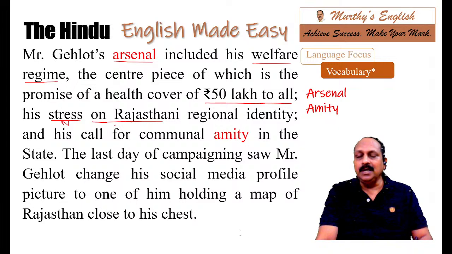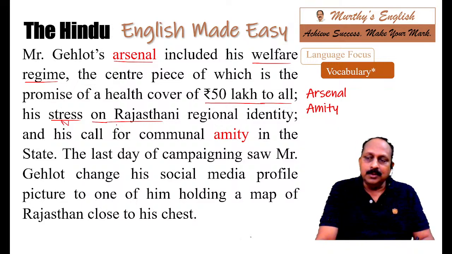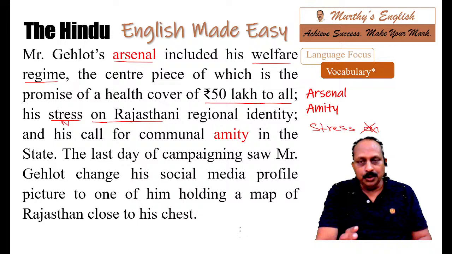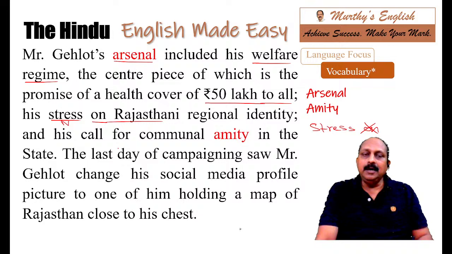That's why I tell students, learn rules, learn exceptions, and always remember the context is very important. Master said, stress on is a wrong combination, don't take it blindly. Usually it is like that. But based on the pattern, based on the context, it does take the preposition on. His stress on Rajasthani regional identity and his call for communal amity in the state.